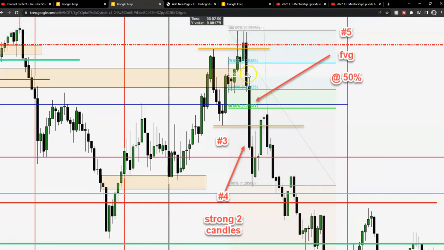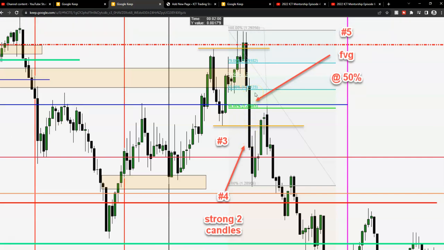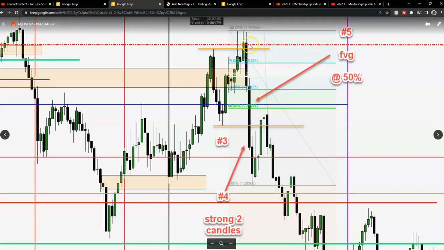And so when he says, do we have displacement here? Yes, we do. Right there. Boom. We have two nice strong candles going to the downside, excuse me. And so that's my number one rule. As soon as this breaks buy stops, the way it moves downwards, how many candles are there?